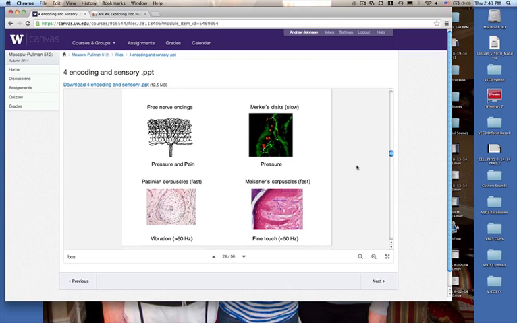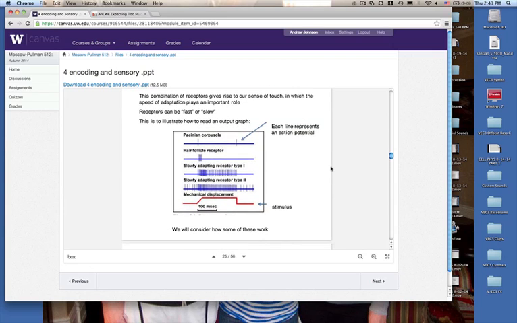A fast adapting receptor, on the other hand, is going to turn on, and then it'll immediately turn off, and then it'll fire again at the end of the stimulus. So a fast adapting receptor will cause action potentials to be fired at the onset and offset of the stimulus, whereas the slow adapting receptors will continue to fire throughout.